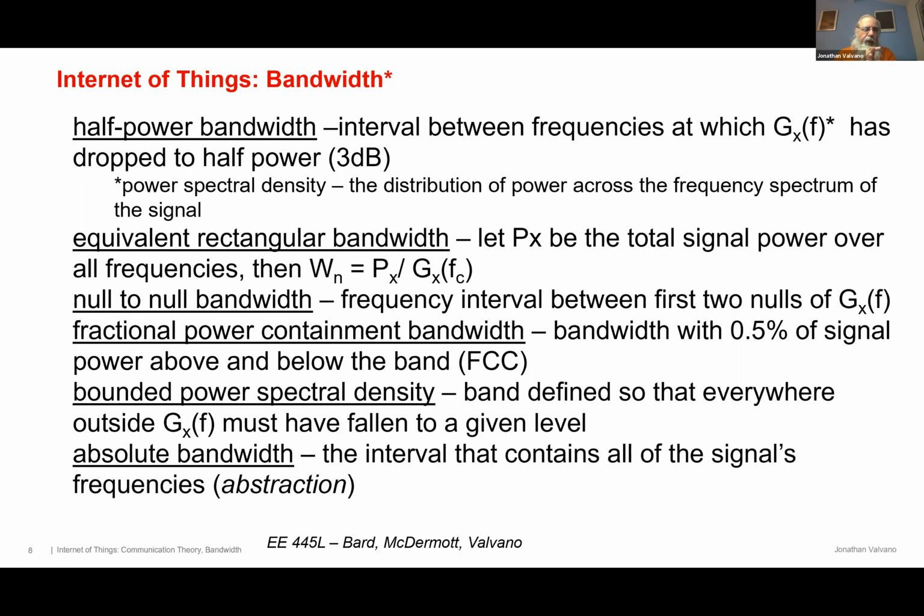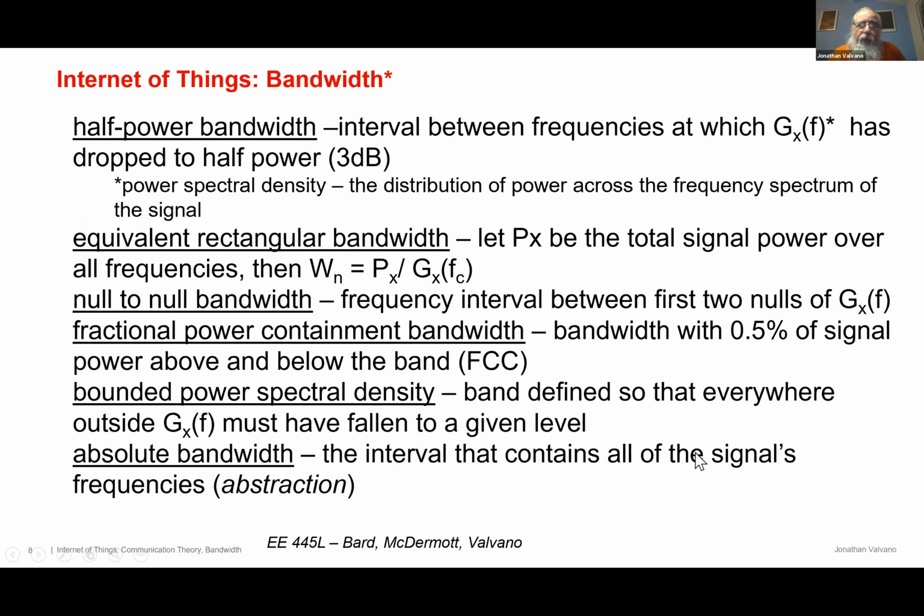There are six different bandwidths, depending upon exactly whether you're measuring power or nulls. These six are all related to each other, and they have to do with amplitude versus frequency in the spectrum, in terms of either gain or signal amplitude.